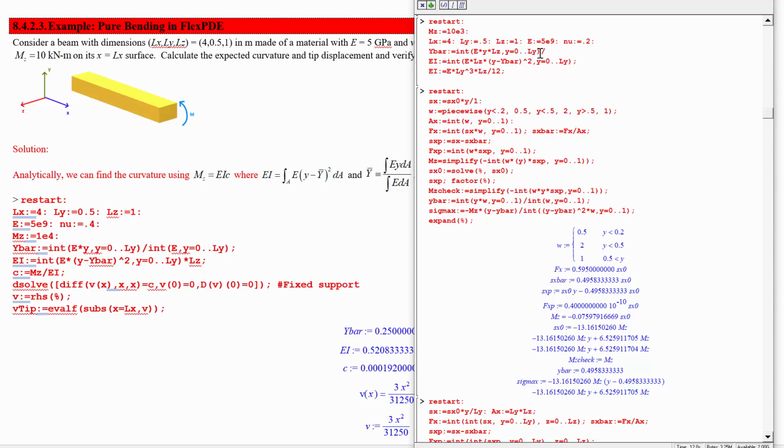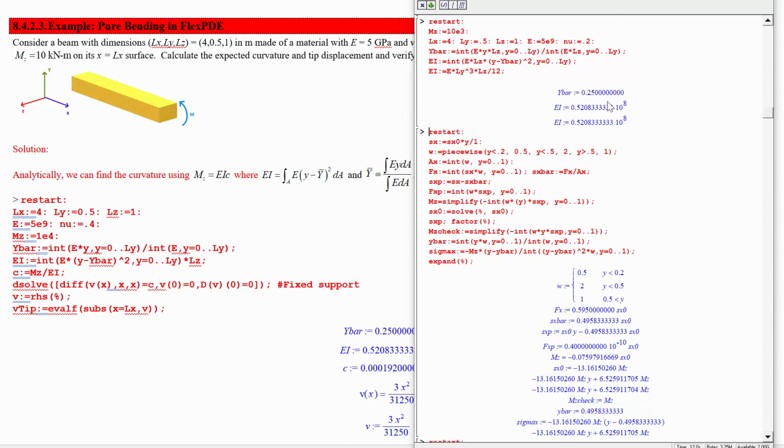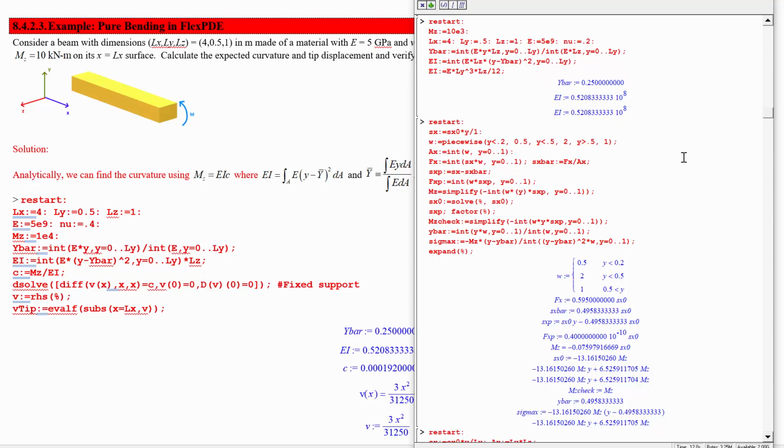We've done the area integral in 2 different steps before, just like when we had that width in there, and divide this by the same thing, but without the y, to get our weighted average. So here's our y bar and our EI, and it's the same as if you use this one for the rectangular cross section in case you have that one memorized: thickness cubed times width divided by 12. All right, so there's our flexural rigidity and the more general way to calculate flexural rigidity as well.